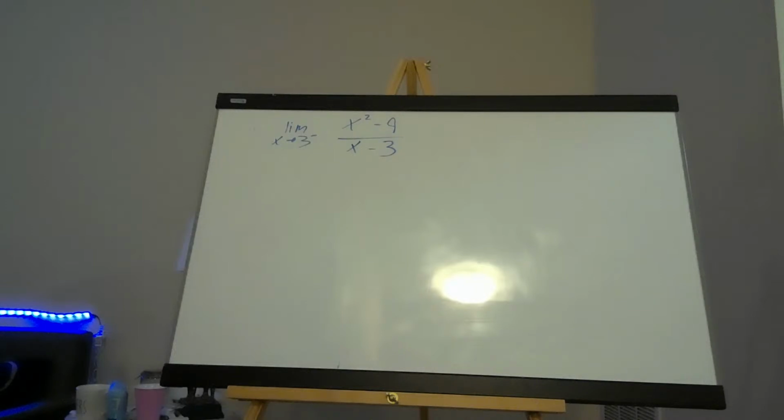I want you to attempt to solve this one, and if at least one of you gets the answer, just type done whenever you're ready. This shouldn't be too bad. And the question I want to ask is, is this continuous or discontinuous?